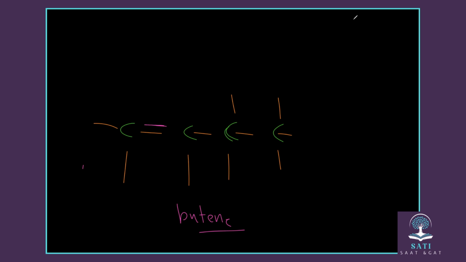It is an alkene. But now we need to differentiate. If we move back, the double bond can be here, it can be here, it can be here. So it has many places it can be. What about if we break another bond and make the double bond here?